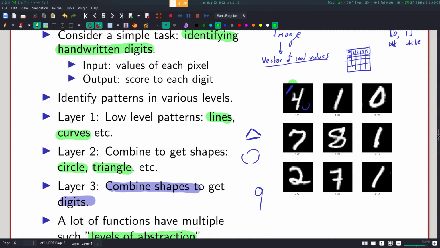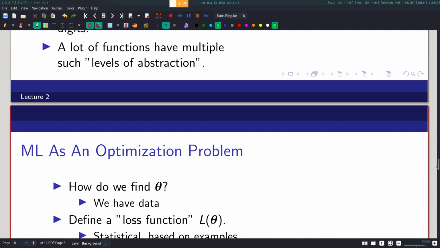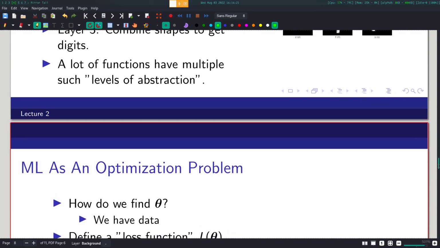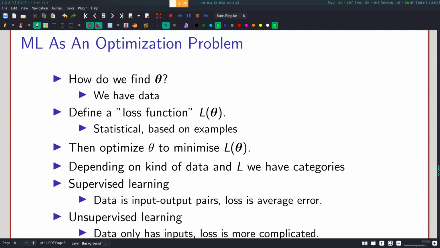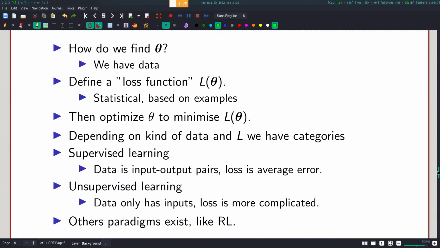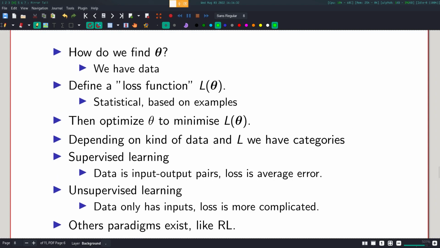Alright, so this is basically the intuition behind neural networks. So now we come to the second part of the equation. So first part is that, okay, we do have some neural networks. So we have some parametric function approximator, right? That is, we have some huge complicated f, which is f(x, theta).